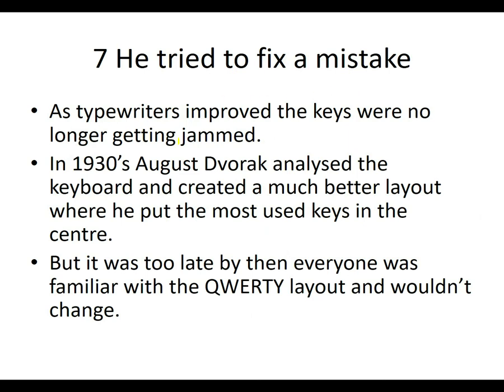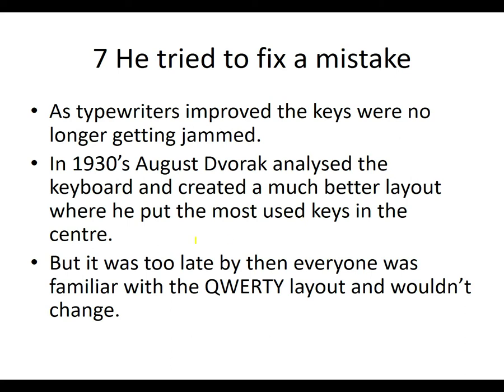As typewriters improved, the keys were no longer getting jammed. In the 1930s, a person called August Dvorak analysed the keyboard, and he created a much better keyboard layout where he put the most used keys in the centre.